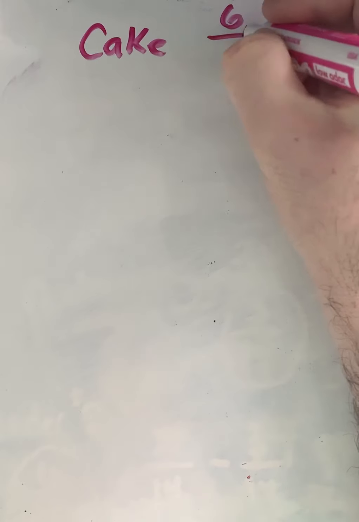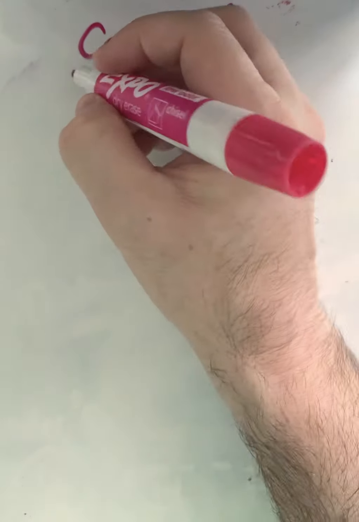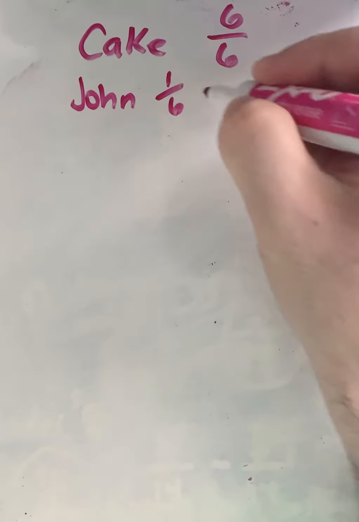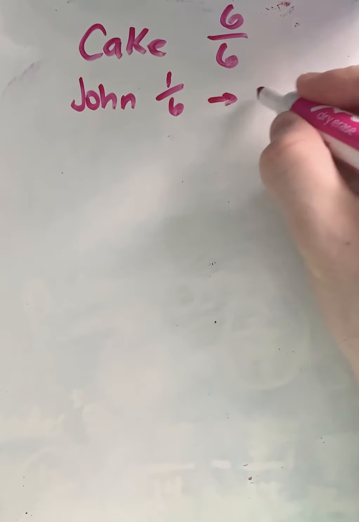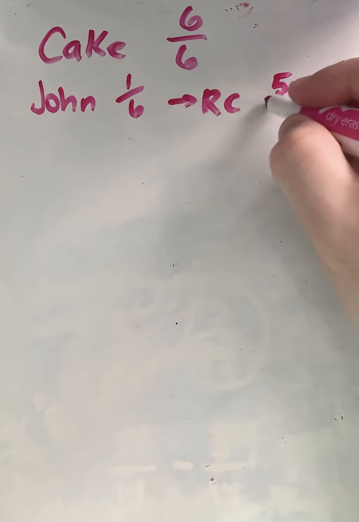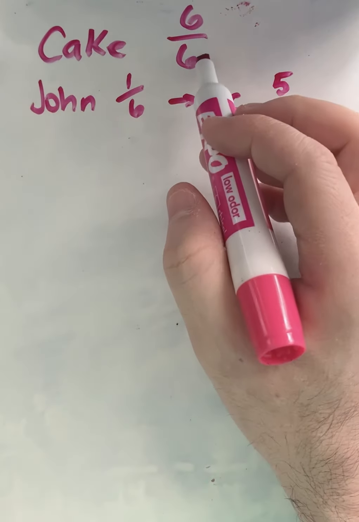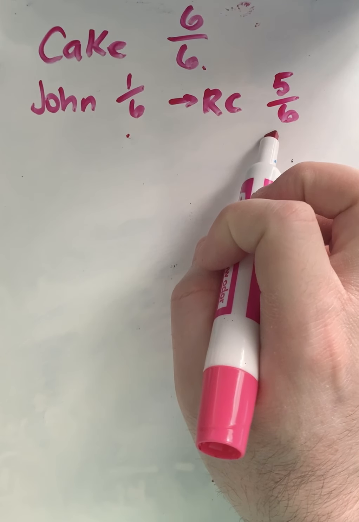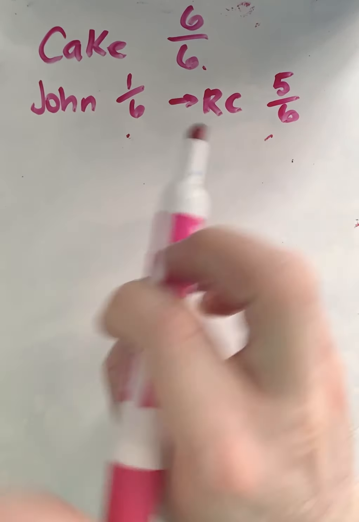So we know that the cake is made into 6s, right? John equals 1/6. So the remaining cake, RC, is 5/6, right? Because if it starts at 6/6 and John ate 1/6 of it, we have 5/6 of it left, okay?